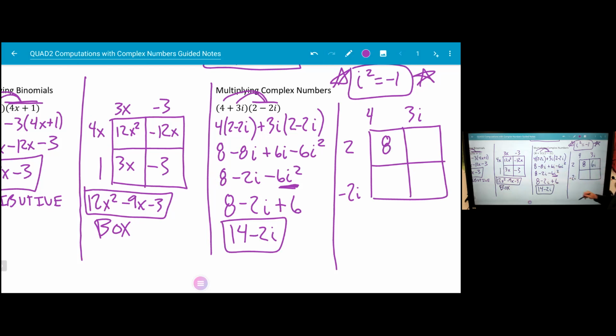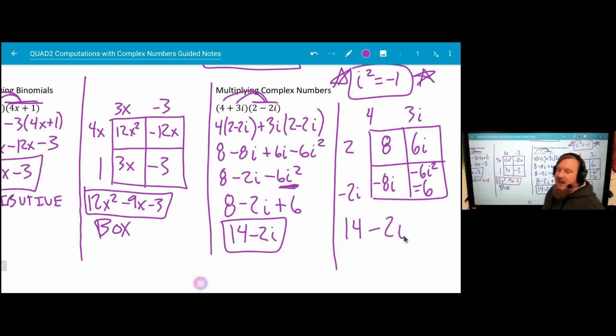Yep, had that one over there. 4 times negative 2i is negative 8i. And that was another term we had. 3i times negative 2i, negative 6i squared. Again, i squared being negative 1. Negative 6 times negative 1 is a positive 6. That's what that equals. And so let's combine the things. I've got an 8 and a positive 6 to get 14. Negative 8i, positive 6i, minus 2i.